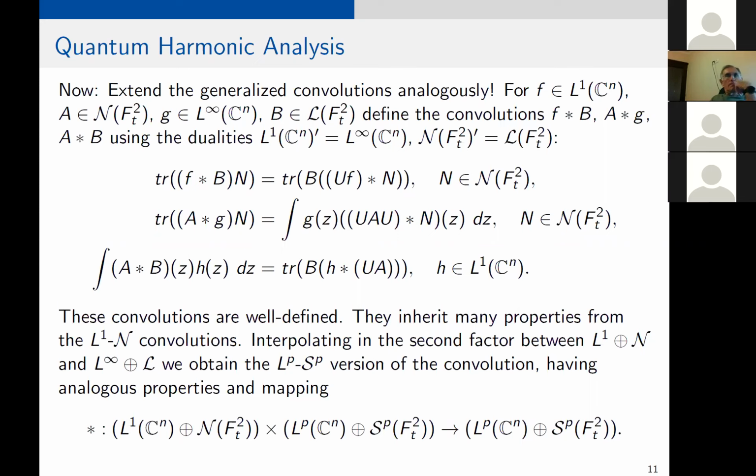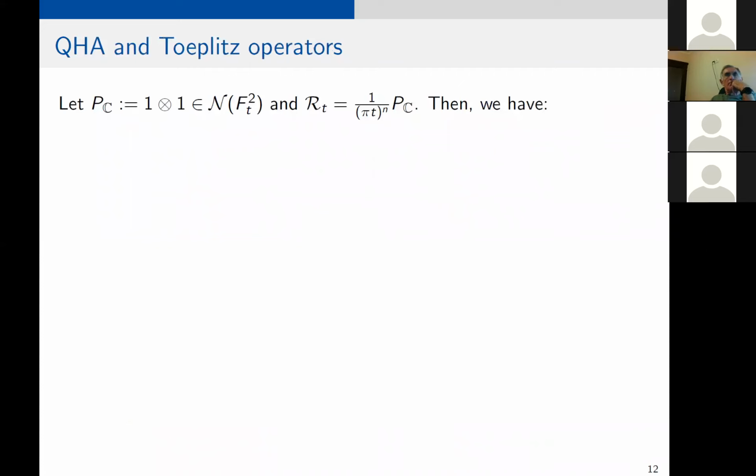So now what, or how does this help us with Toeplitz operators? There are a couple of very particular identities that relate all these convolutional stuff to Toeplitz operators. Let's look at the following very simple trace class operator. The operator PC, as I denote it, is just the tensor of the constant function 1 with the constant function 1.